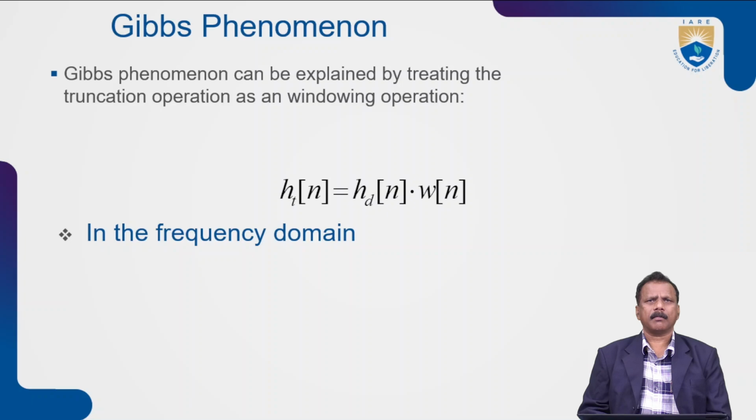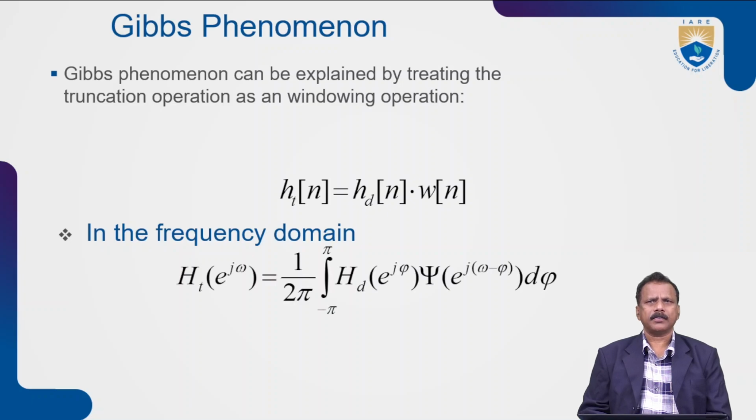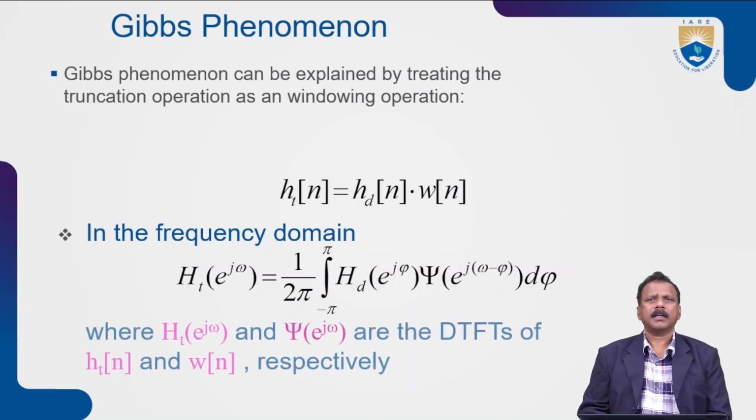In the frequency domain, H_t(e^jω) equals 1/2π times the integral from −π to +π of H_d(e^jφ) Ψ(e^j(ω−φ)) dφ, where H_t(e^jω) and Ψ(e^jω) are the discrete time Fourier transforms of h_t[n] and w[n] respectively. This is another aspect of the windowing operation.